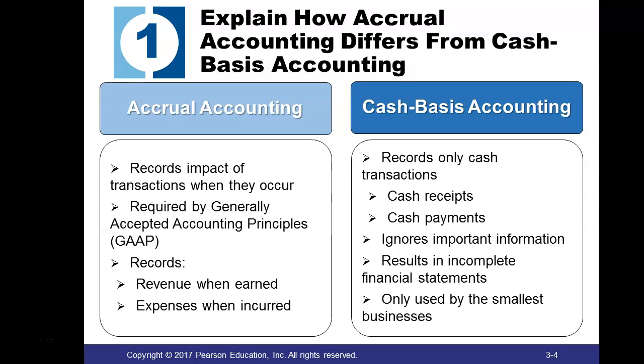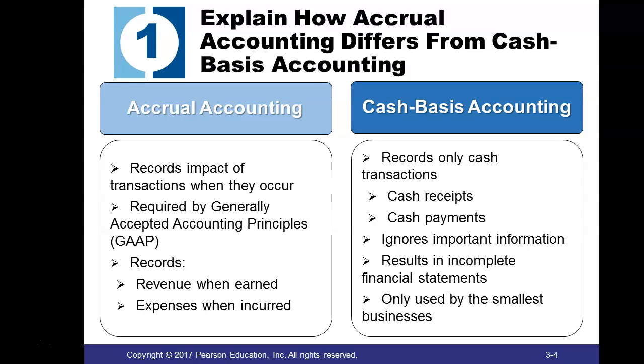For purposes of determining if we are to record a transaction, in this case revenue, we want to know if it has been earned. Has the earning process been completed? Did you do everything that's required of that particular job? Have you completed the job? Have you completed the work? If the answer is no, you do not record it. If the answer is yes, you do record it.